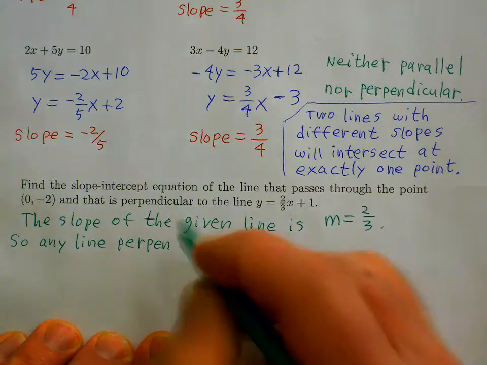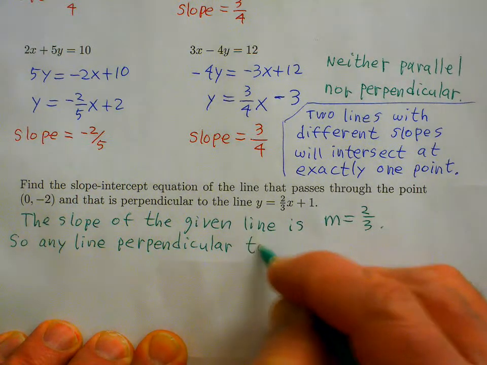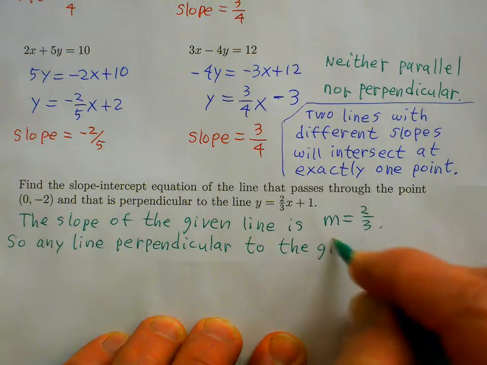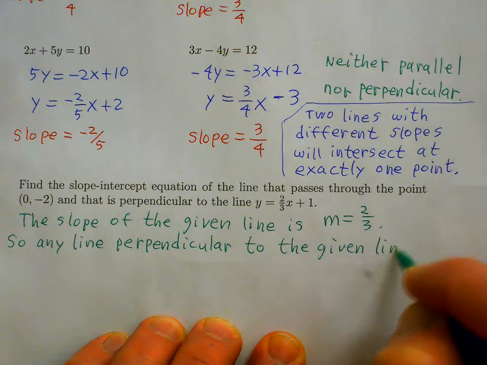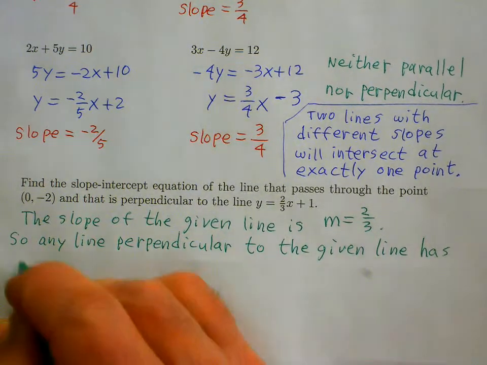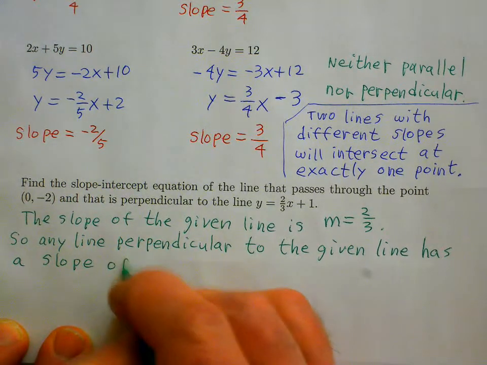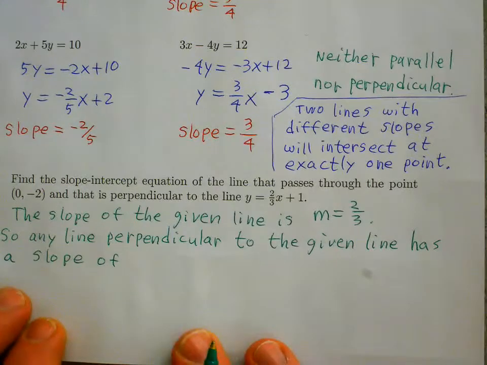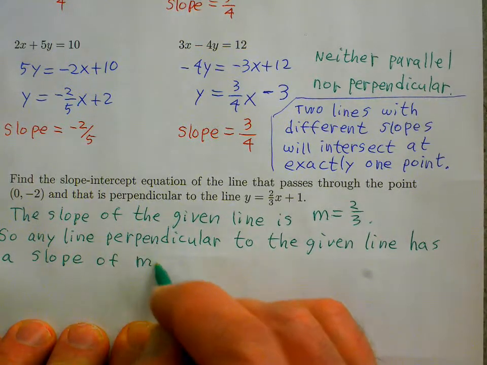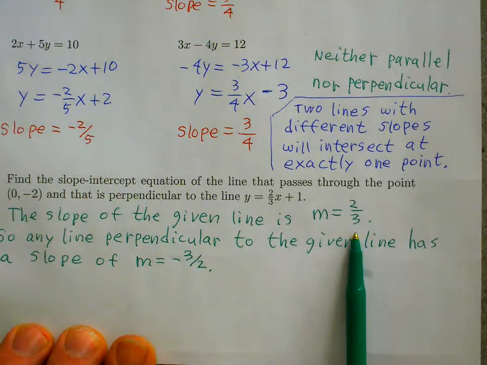So any line perpendicular to the given line has a slope of m equals -3/2. That's the negative reciprocal of 2/3.